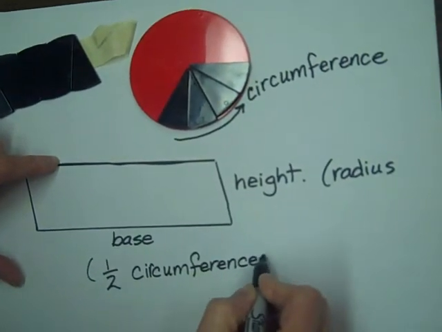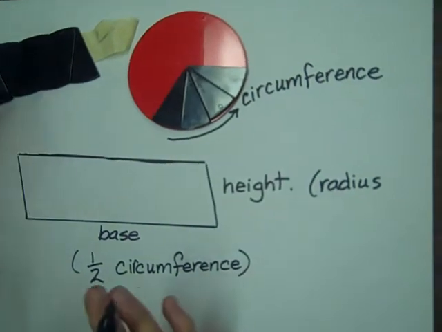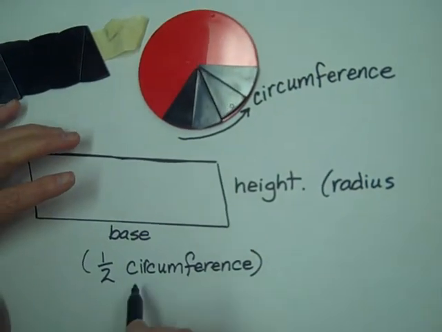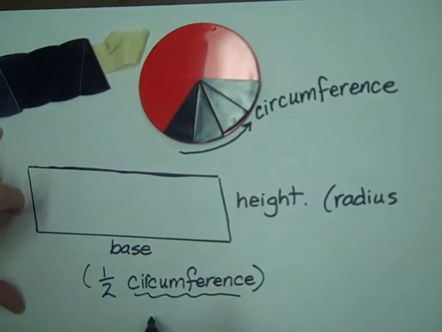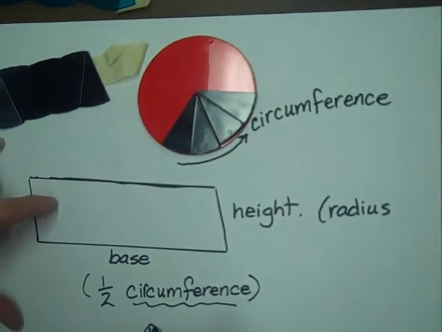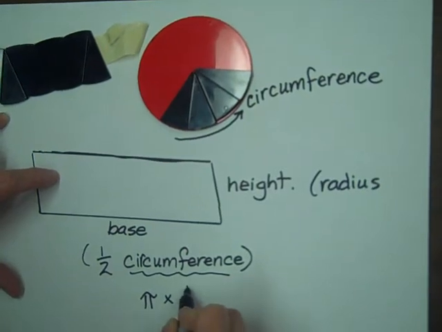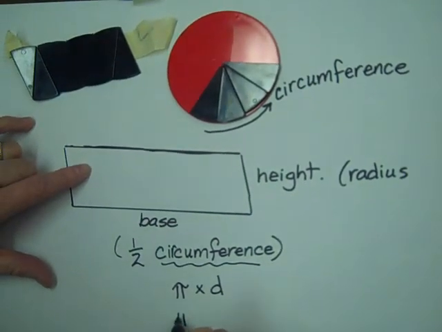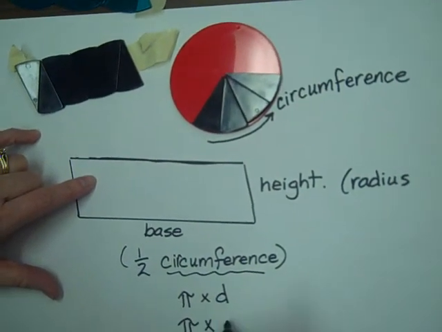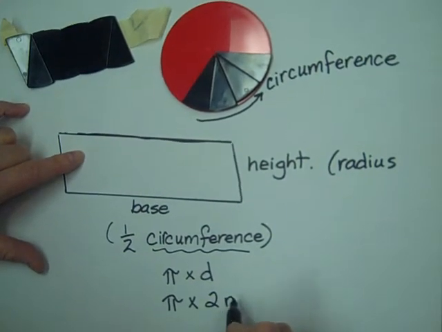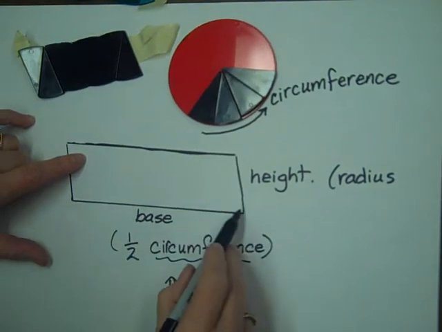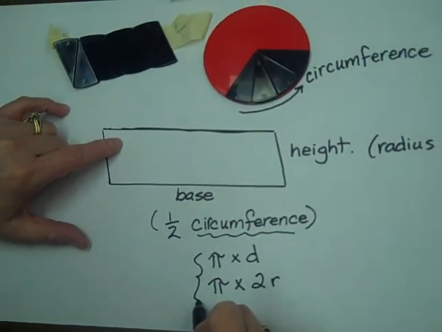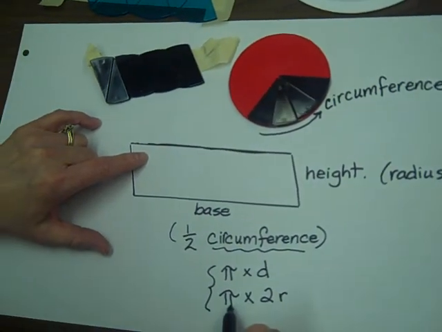Now this gets back to how we talked about all these terms are interrelated. What did we use to find the circumference? Well, it was pi times the diameter. Or we could say it was pi times 2 radii, or radius. So if the whole circumference is this, I want half of it.